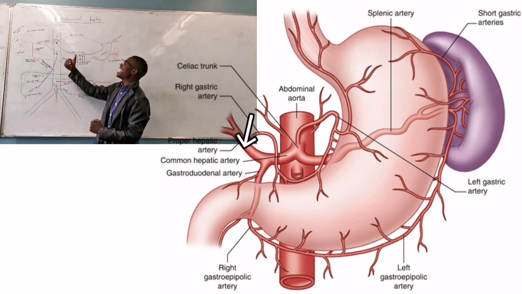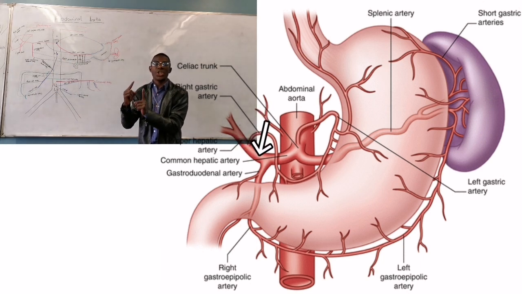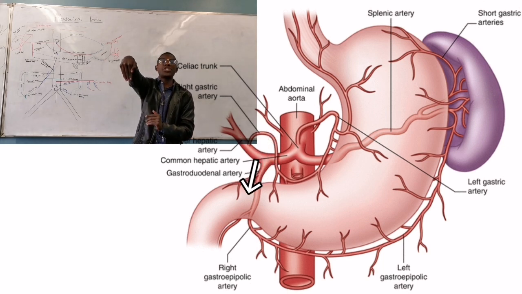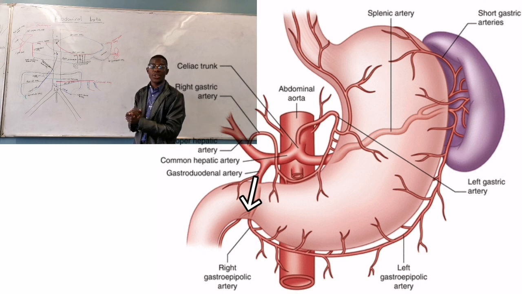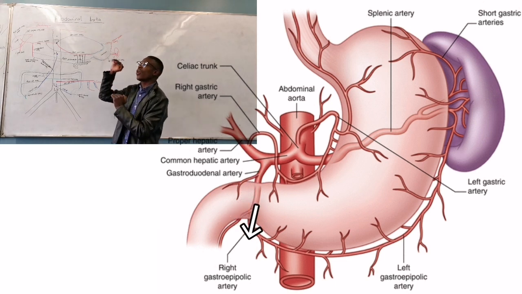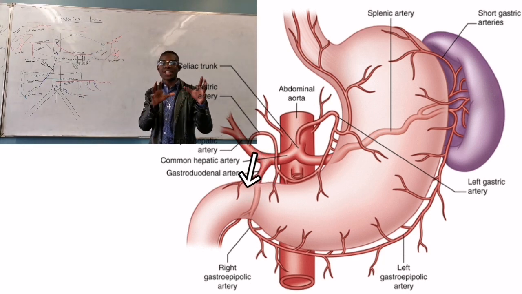It's going to give another branch, that's what we call the gastroduodenal artery. The gastroduodenal artery will go posterior to the first part of the duodenum. Before it goes posterior, it's going to give what's called a supraduodenal artery.